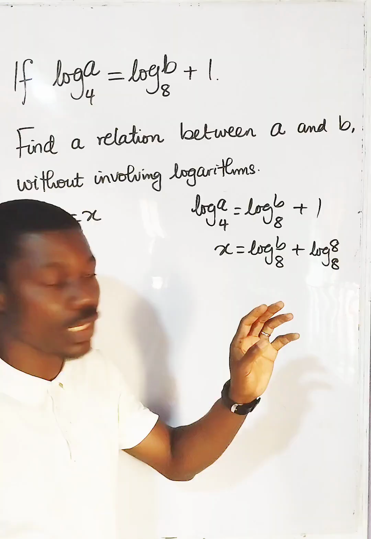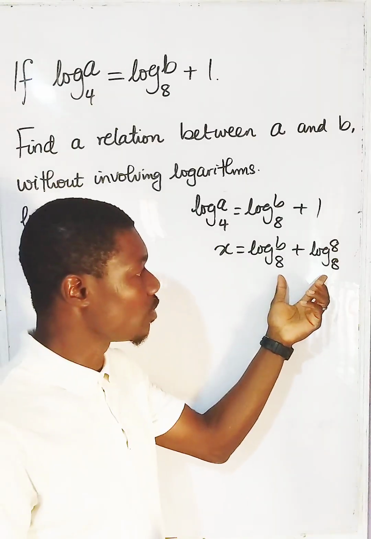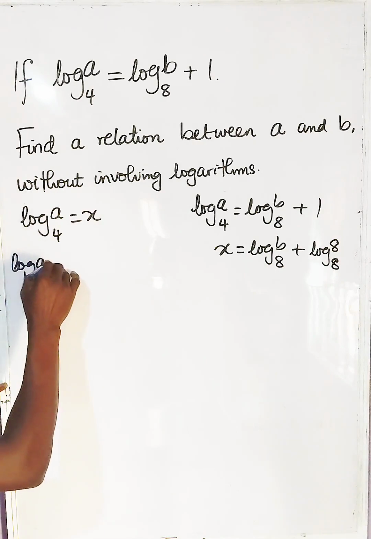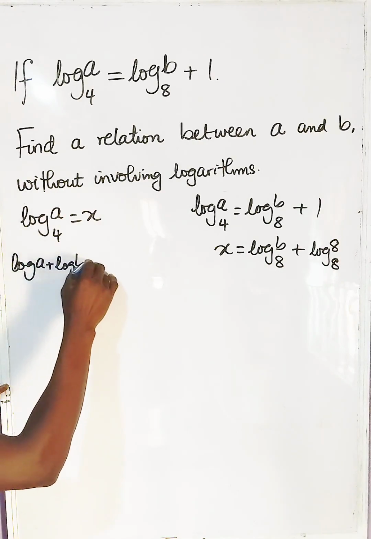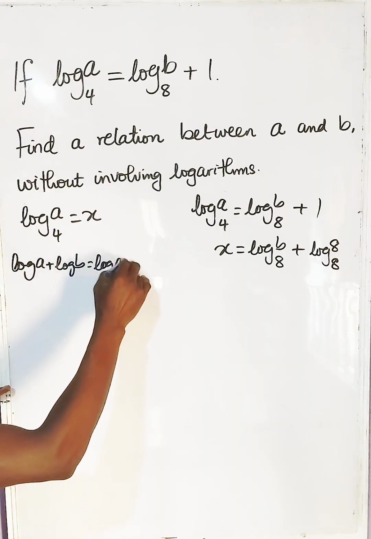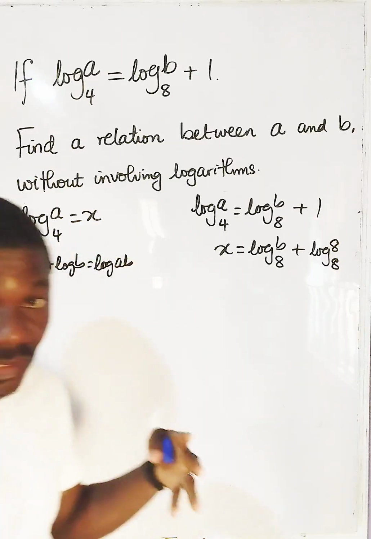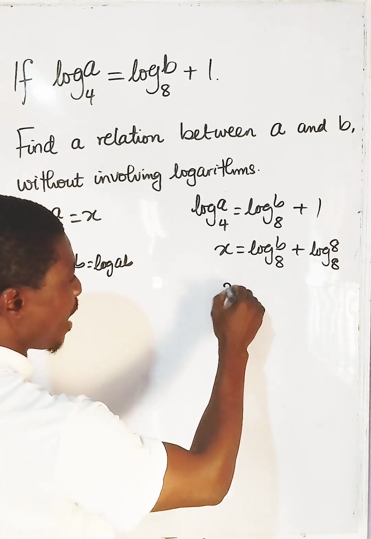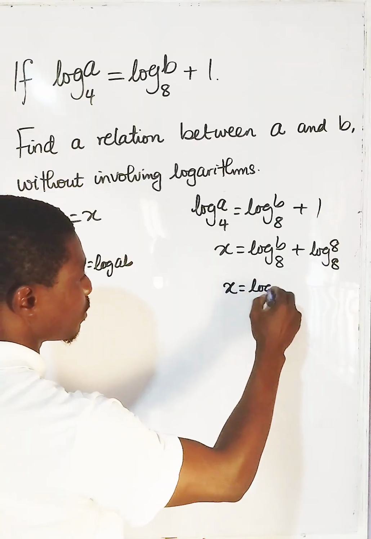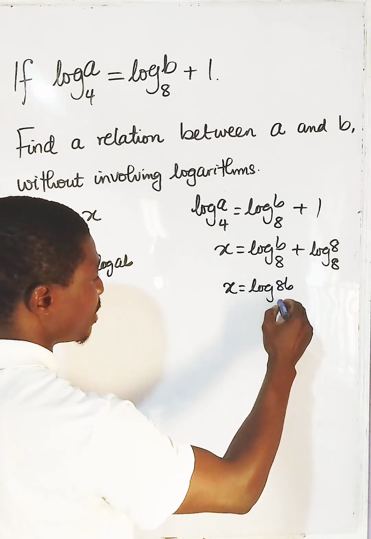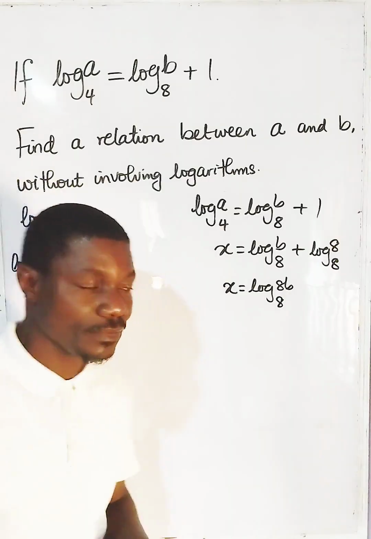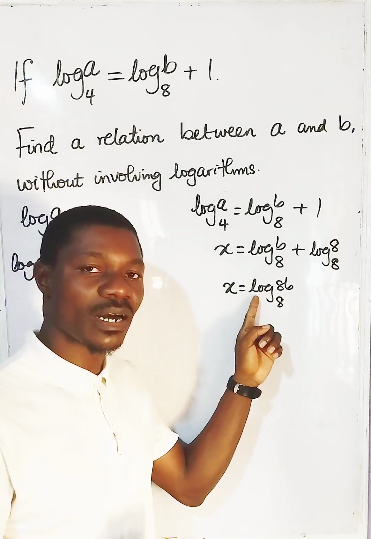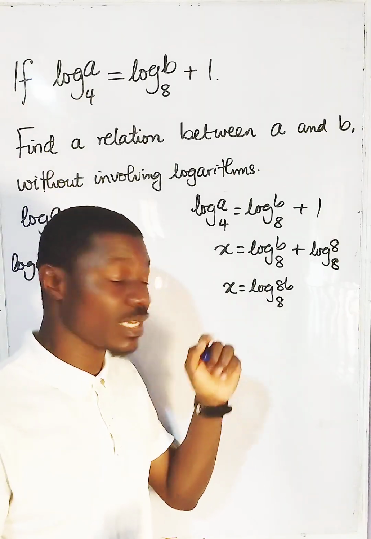And according to the law of logarithm, when you have log A plus log B, this is log AB, where the arguments multiply. So here x now becomes log 8b base 8. Alright, so let's undo or eliminate this log.